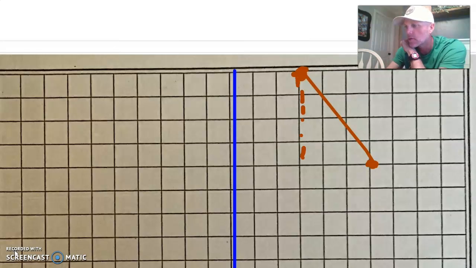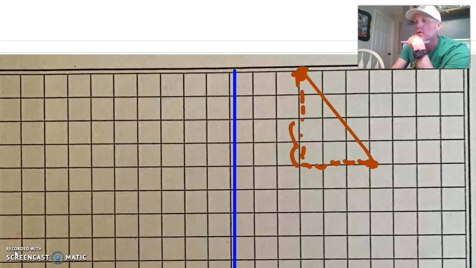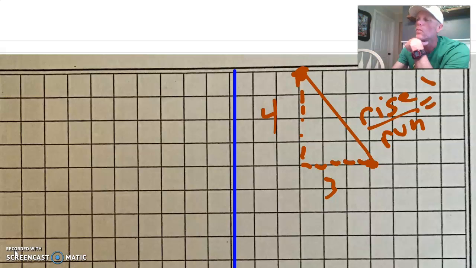And then I'm going to turn this into a triangle. How tall is this? 1, 2, 3, 4. And long, 1, 2, 3. 3 long. So remember, it's rise over run, or y over x.